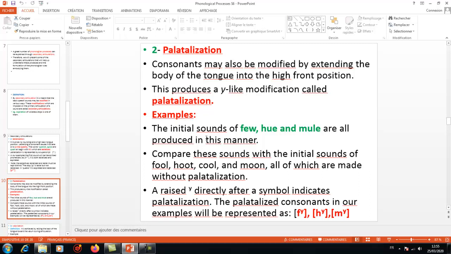Of course, as mentioned before, a raised Y directly after a symbol indicates palatalization. The palatalized consonants in our examples will be represented as fʸ, hʸ, mʸ. So, few, hew, mule. Why do we have this Y symbol?